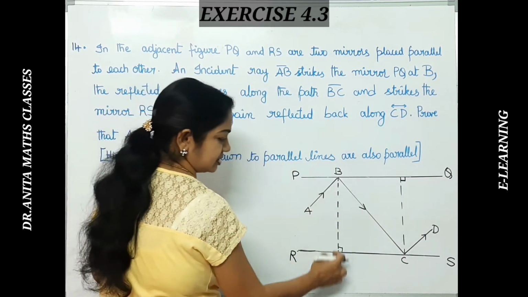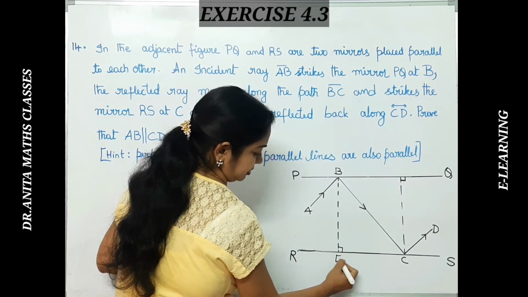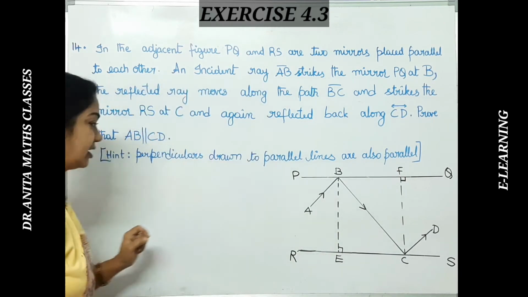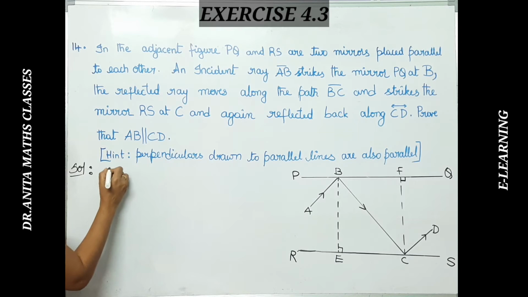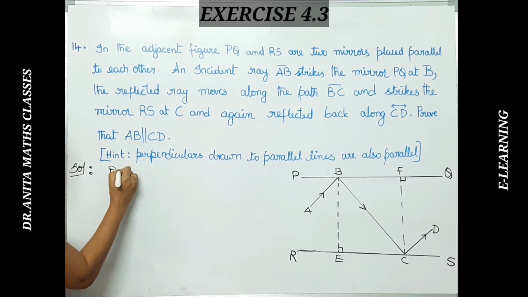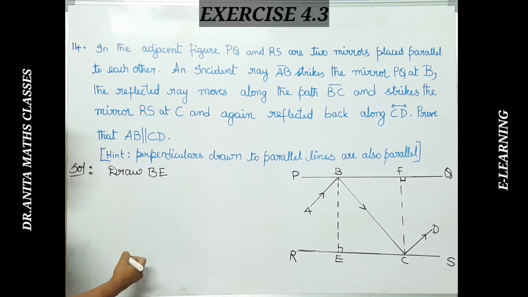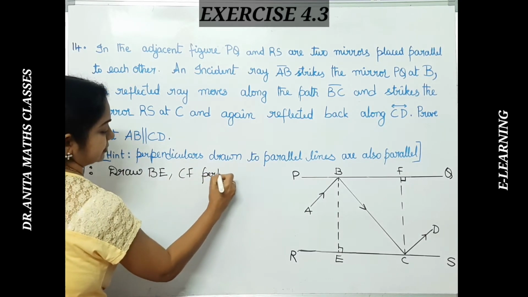Let me take these as BE and CF. So BE and CF are the construction made here. Let us write here: Construction: draw BE and CF perpendiculars.